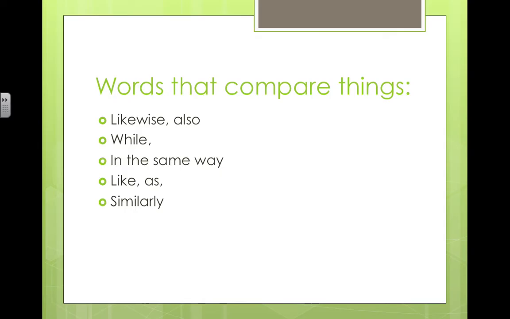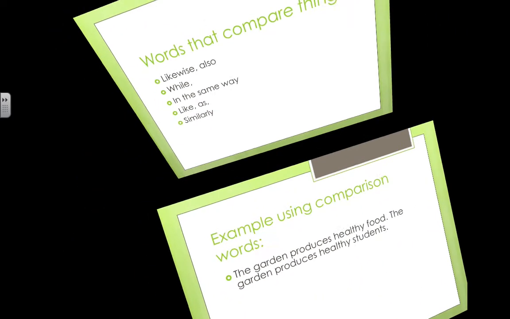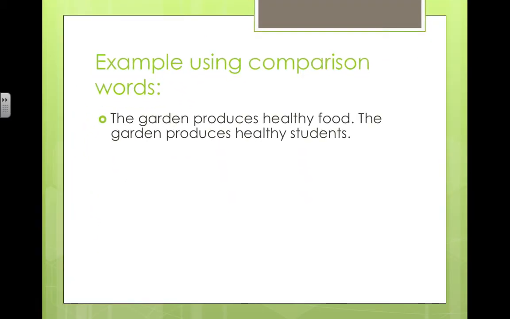Transitions can also be used to compare some things. Here's some transition words that compare. Here's an example using comparison words. Our sentences start out, the garden produces healthy food.